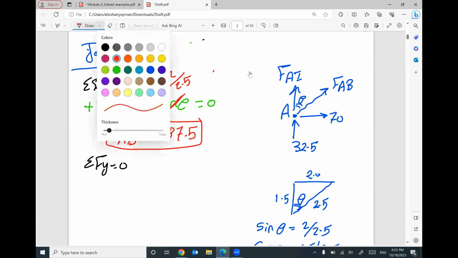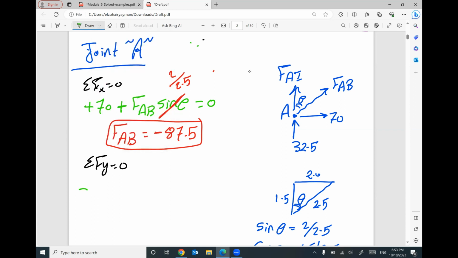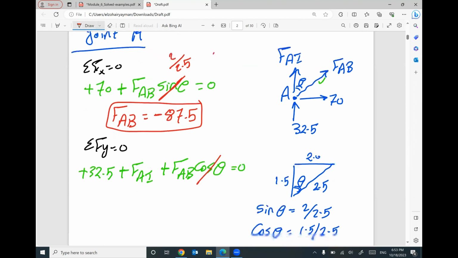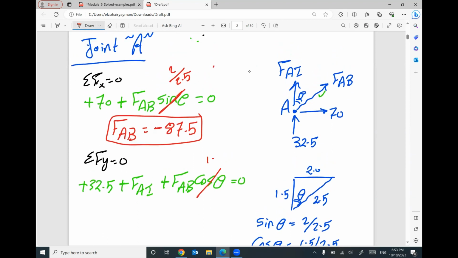Summation of forces in Y equals 0. What do you have in Y? We have positive 32.5, positive FAI, and positive FAB cosine theta, the vertical component of this force, equals 0. Keep in mind, cosine theta equals 1.5 divided by 2.5.